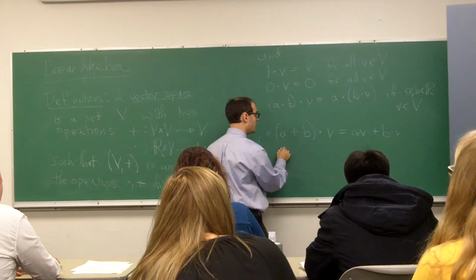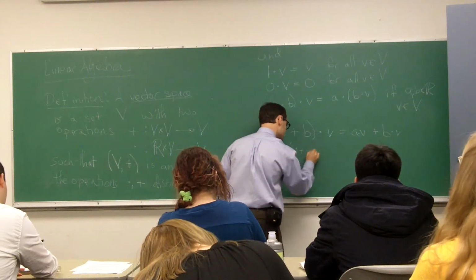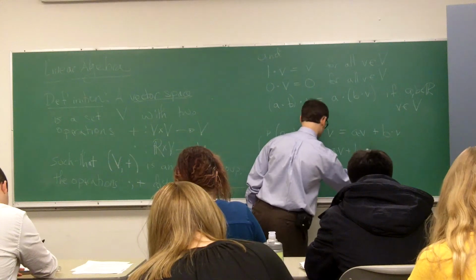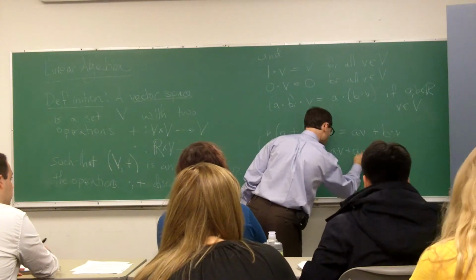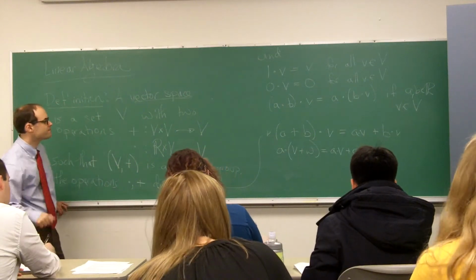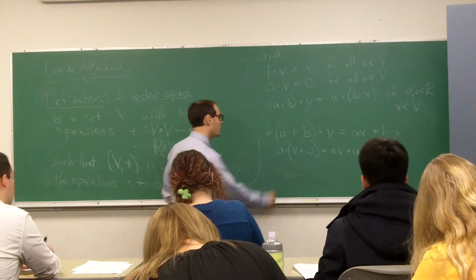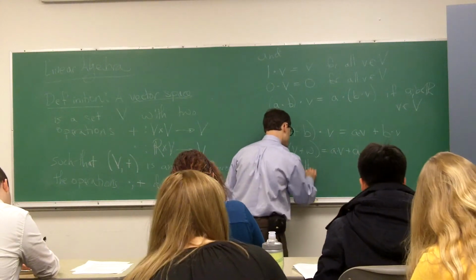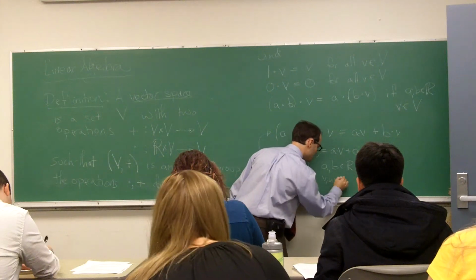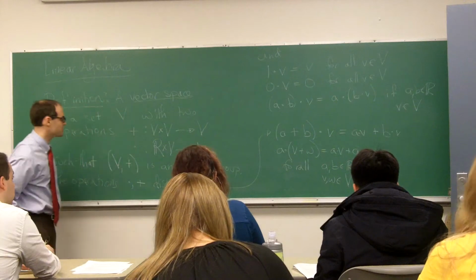And additionally, there's two kinds of distribution. And that's what I mean by distribution. Of course, this is quantified over all a, b in R and v, w in V. Okay, so that thing is a vector space.